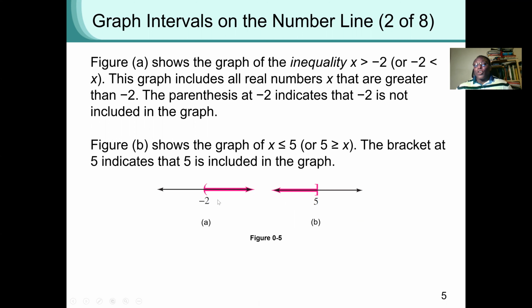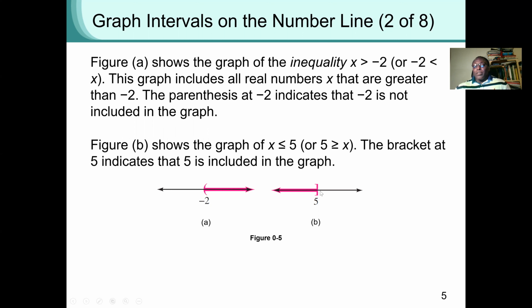If it's greater than or equal, then we have a straight line, which means including -2. Now, since it's greater than, the arrow will face right. We know increasing values is to the right of the line. When the value is decreasing, we go to the left direction. So those are the 2 examples of graphing on a number line.